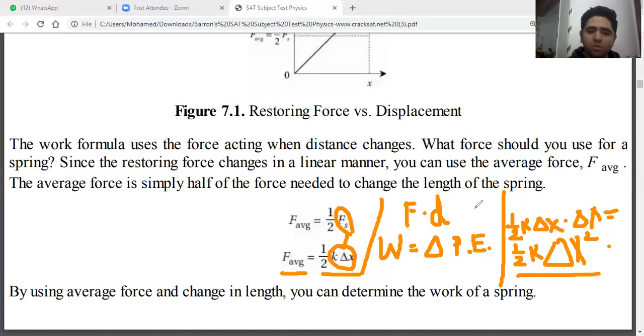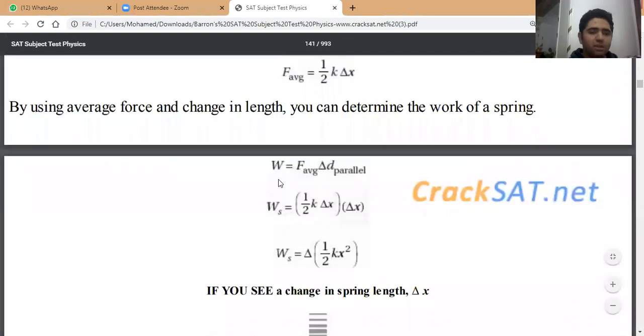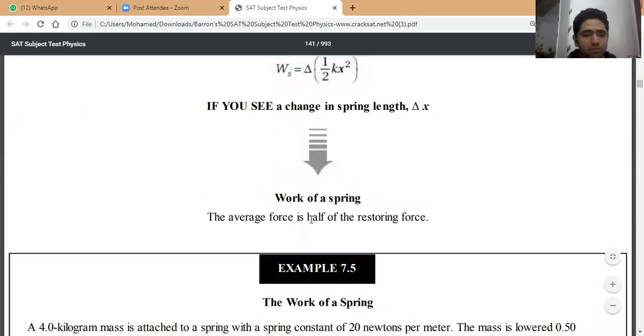Okay? Write this down. This is very important. And so we have the work that is done is half k x squared. It's also called the potential energy stored in a spring.